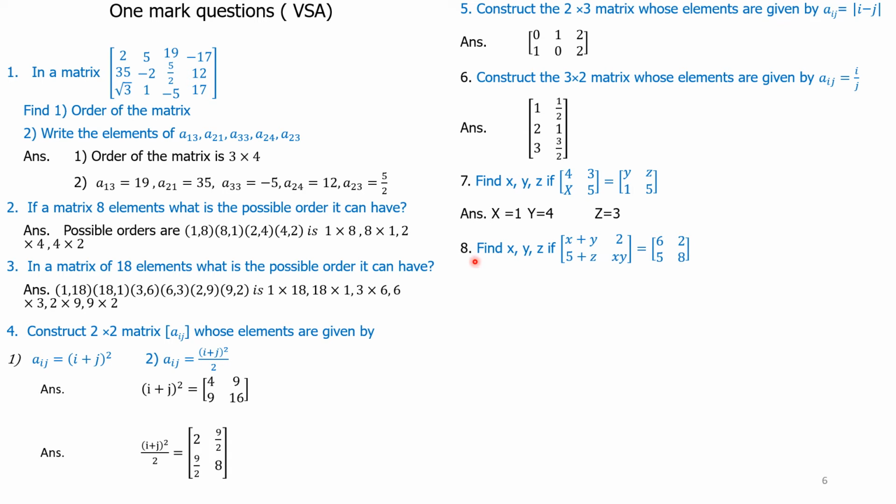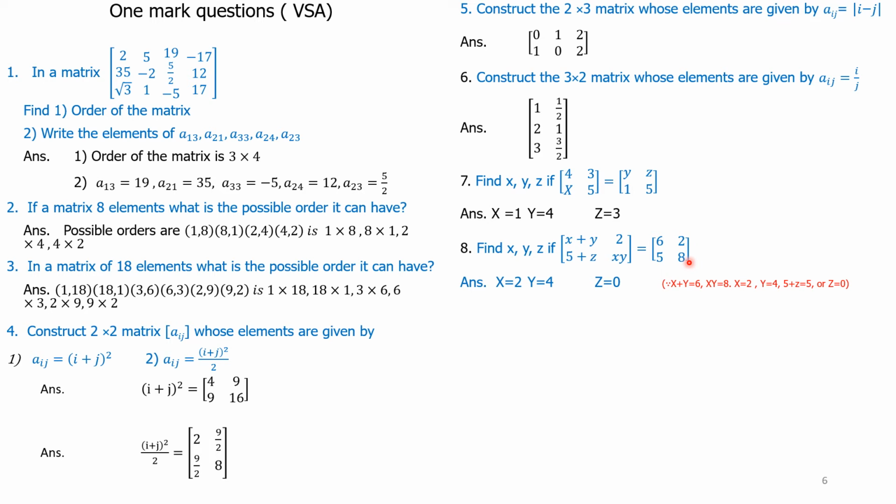Question number 8. Find x, y, z if the left hand side matrix is [x plus y, 2; 5 plus z, xy]. Compare the left hand side matrix and right hand side matrix and put the values for the corresponding elements. Here x plus y is equal to 6 and xy is equal to 8.